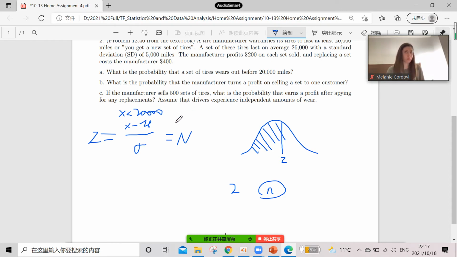First, I plug x equals 20,000 into this formula, and I get a capital N, which I plug into this diagram and the z table to find the probability. If the diagram is shaded on the left, this probability is the probability of x less than or equal to this particular z number, and it fits this problem because I'm trying to find x less than 20,000.